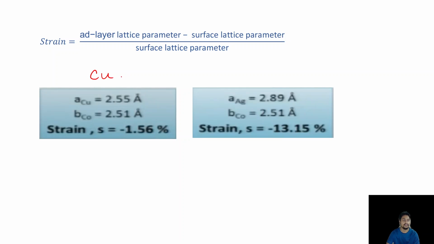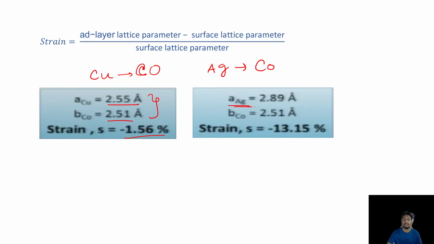On a copper surface, some cobalt atoms are the add atoms, and on a silver surface, the same cobalt. The lattice parameters for copper and cobalt are very similar, 2.55 and 2.51. So the strain is very small.